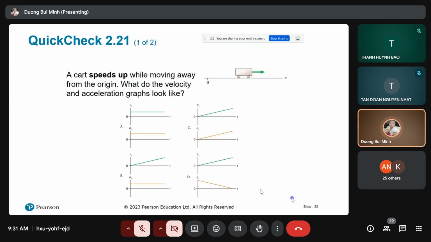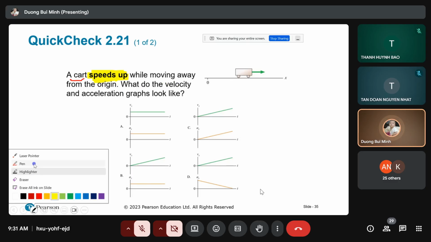Now think about this one. Think about these questions. I will explain a little bit. We have a car that speeds up while moving away from the origin.